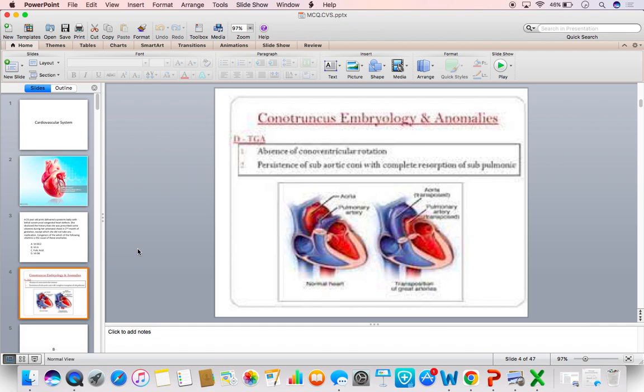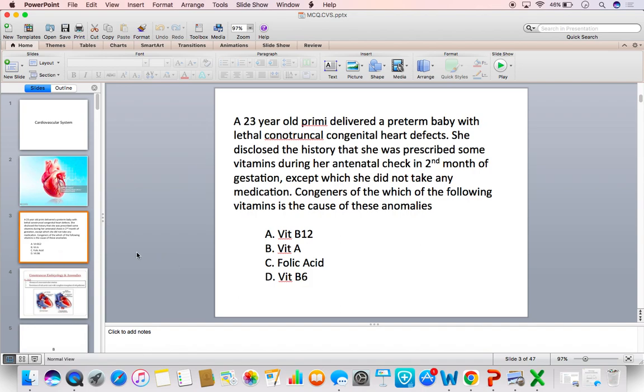Then the mother will be very much worried about the infant, and she will be interested to know the cause of this anomaly in her baby. So what are you going to tell her? It is the congeners of vitamin A sometimes responsible for conotruncal congenital heart defects. This is option B, the right answer.